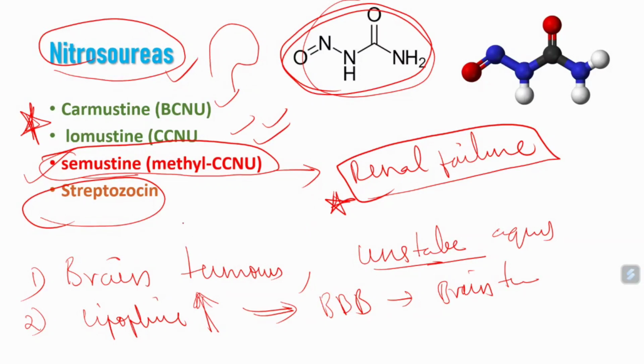Nitrosoureas are carcinogenic and mutagenic. They can cause carcinogenesis, secondary cancers, and they can also induce mutations in the body. So this is a very important point you have to remember.